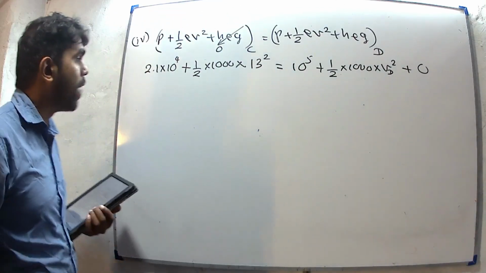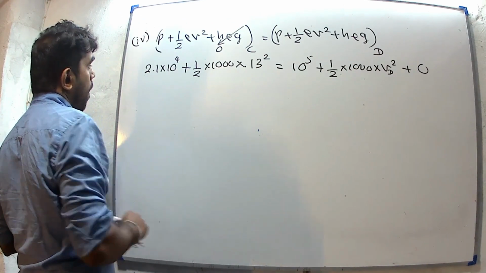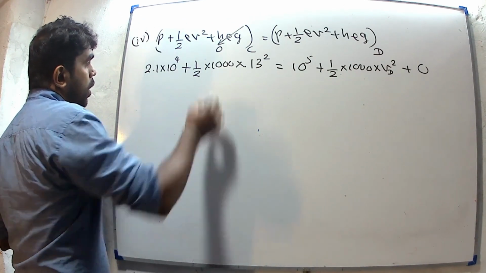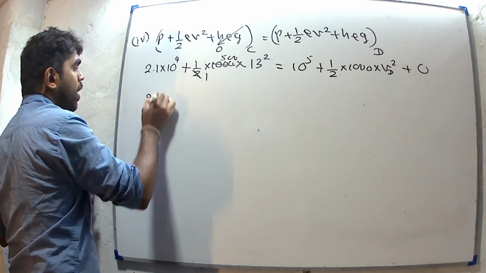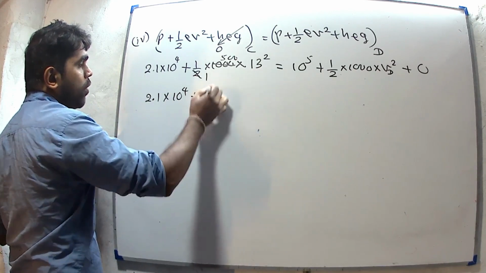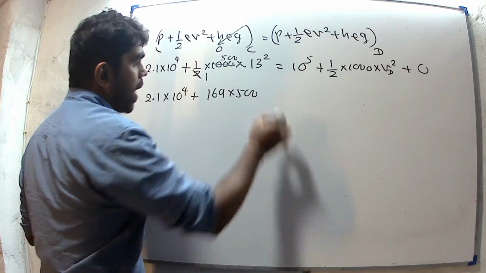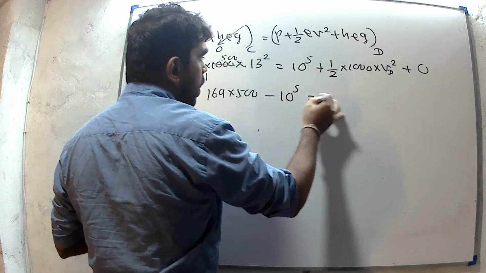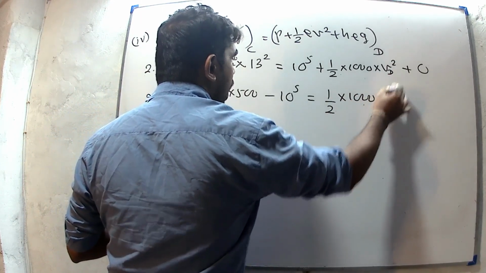Now we have to simplify it. Divide by 2, 1, 500, 2.1 into 10 to the power 4, plus 13 into 13, 169 into 500, minus 10 to the power 5 equals half into 1000 Vd squared.